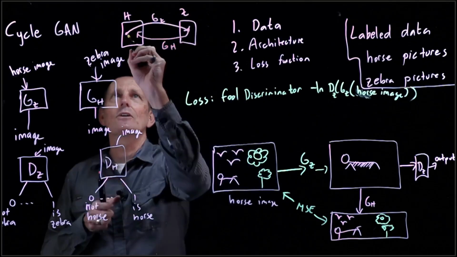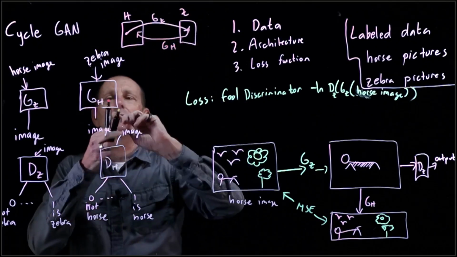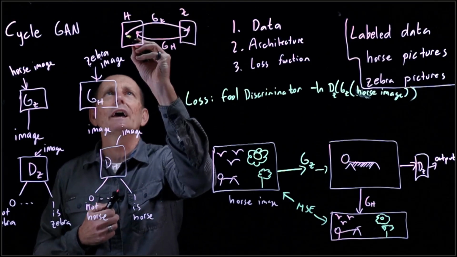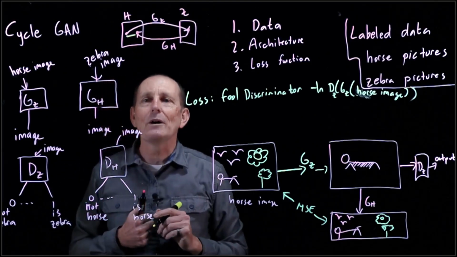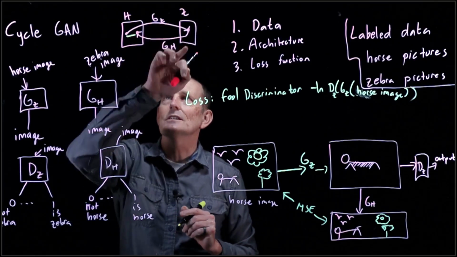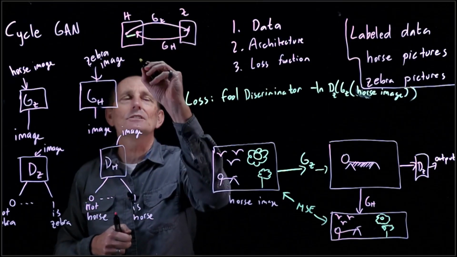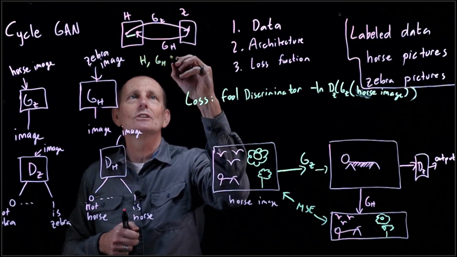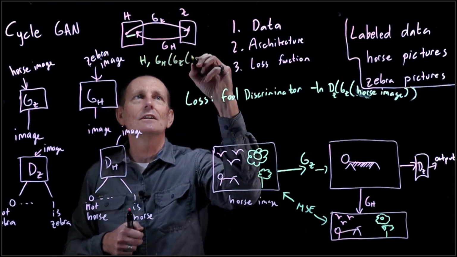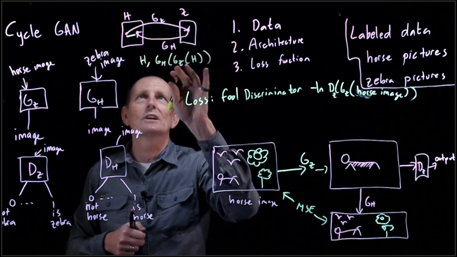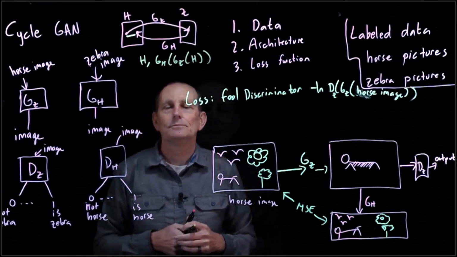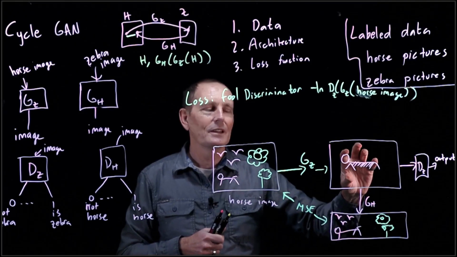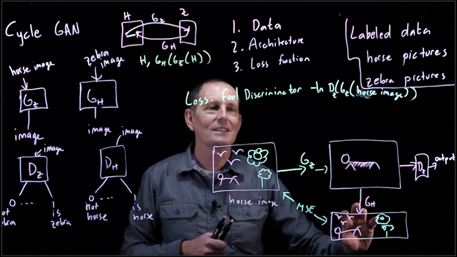And then we look and we say, okay, what is the difference between the original horse and the round-tripped horse, or cycle horse, and this is the cycle. So we're looking at the difference between h and g sub h of g sub z of h. And we're trying to minimize that difference. Clearly, in this case, if this is the zebra we end up with, then it's very unlikely that we're going to get back to this horse.